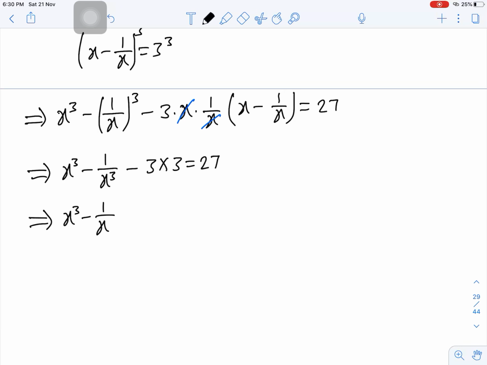Then x cube minus 1 by x cube equals 27 minus 9, which will become plus 9. So it will become 36.